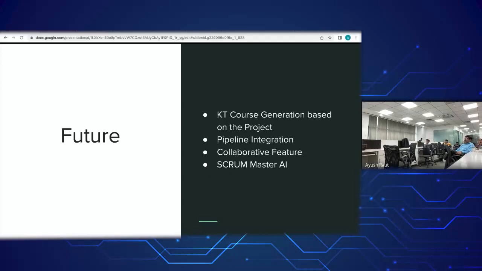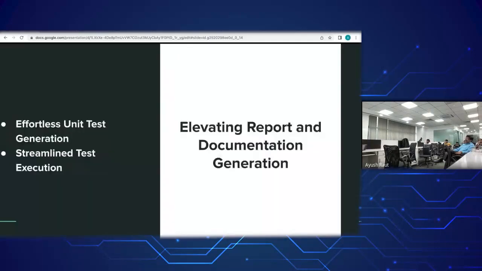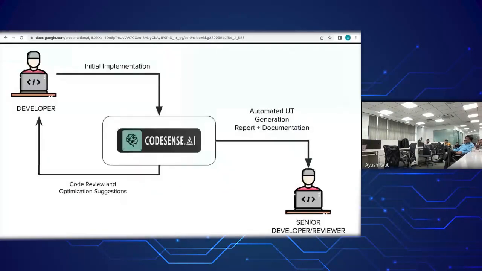Then there will also be a Scrum Master AI, which would be a quite bigger opportunity. Basically, as in the structure I showed you, we could branch out the structure to the project team lead, and we can get inputs from the project manager, like what the client requirements are, like Sonia and Kriti had in their presentation.